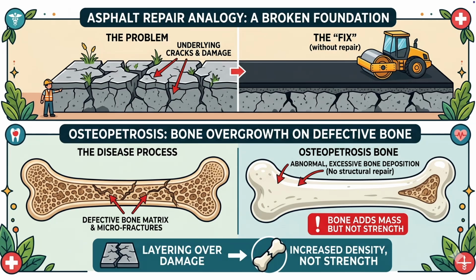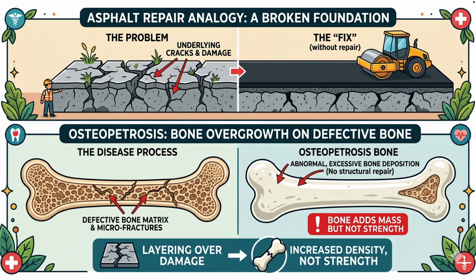And that's how I think of osteopetrosis, right? Osteopetrosis being atrocious building. So you have the bone underneath that is old, damaged, whatever. But your osteoclasts are not coming in to break it apart.